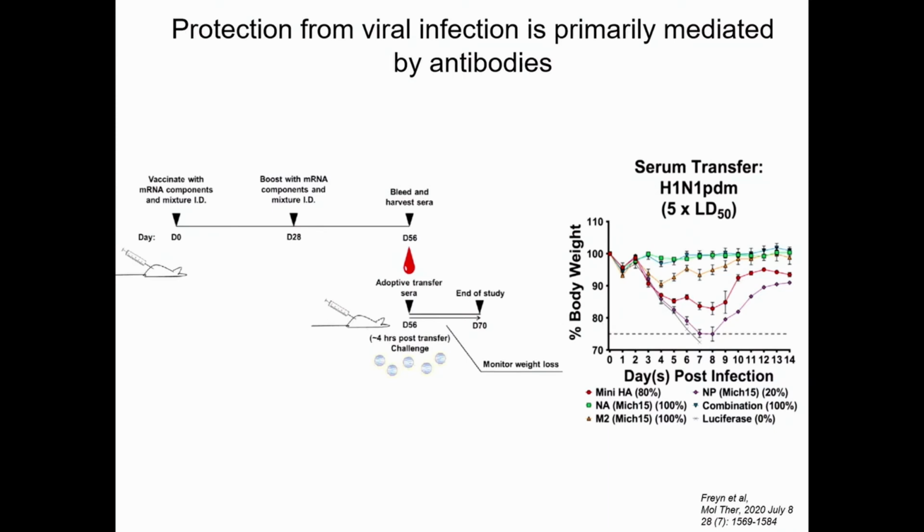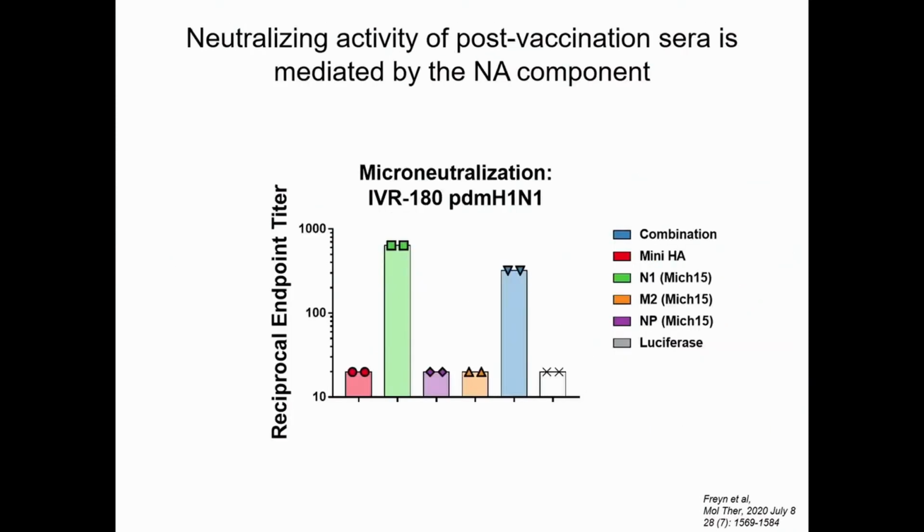It's not surprising that those animals that received the immune sera from NP-immunized mice didn't survive because, again, NP is an internal protein, and we do produce antibodies against NP, but they are not very protective. Next, we looked at the antibodies a little more carefully, and it turned out that only the neuraminidase component induced antibodies that neutralize the virus.